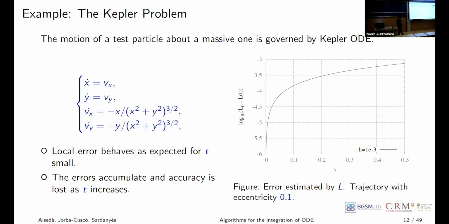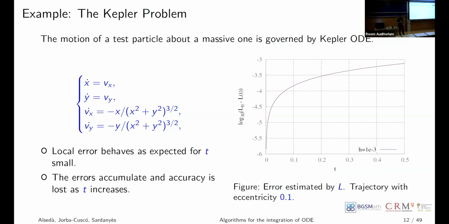Some of these errors I can do little or almost nothing about, because they are errors I'm making because I'm iterating a map. So there is some accumulation. But the fact that I don't know if h, the step, is small enough, I can do something about.